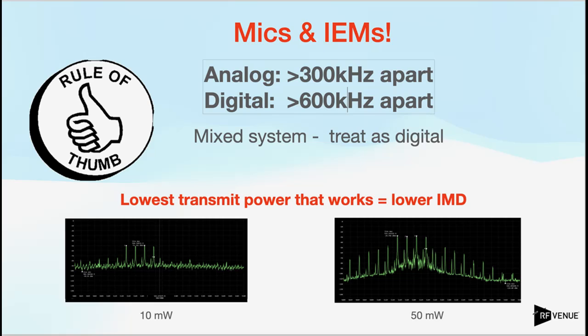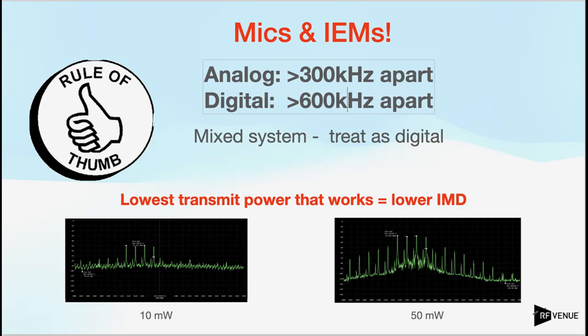Okay, that's the best practice. Again, there's best practices and there's what you can get away with. What you can get away with, you've got to be lucky. Best practices are going to be just that, the best thing you can do. So if we look at those two graphs at the bottom, we can see that lower power creates lower IMD.